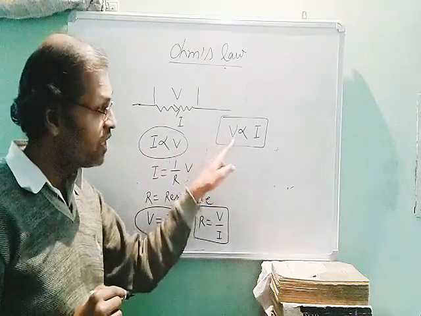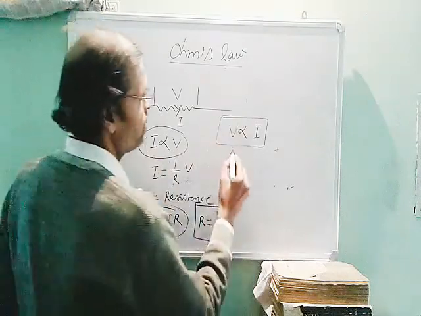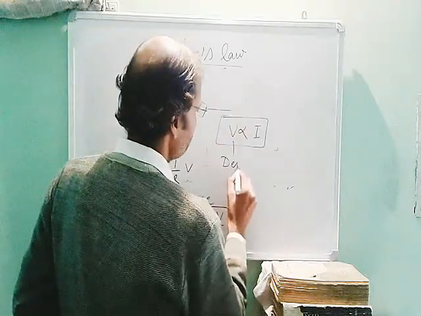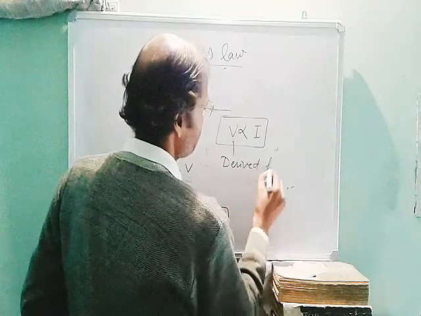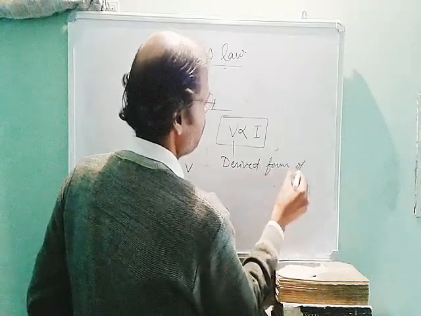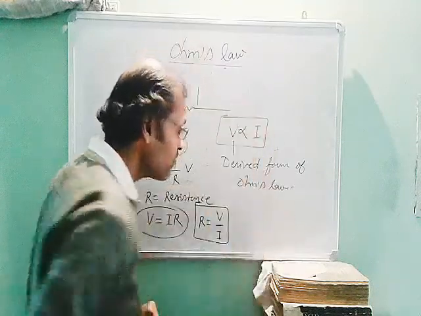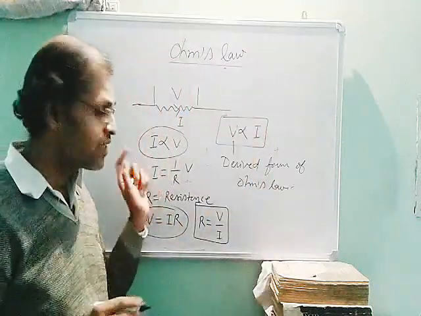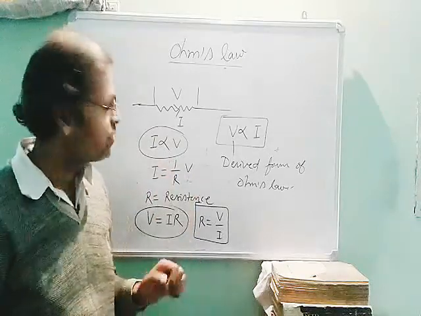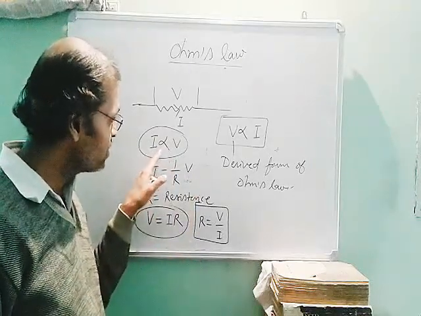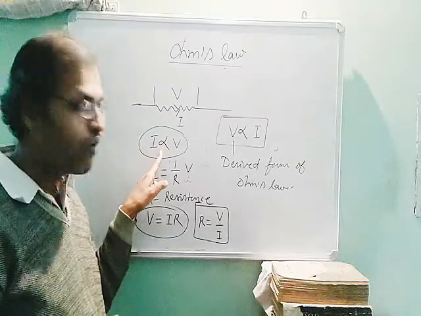Now this is the derived form of Ohm's law. Without potential difference, current cannot flow. That's why you need to understand that this is the main statement of Ohm's law.